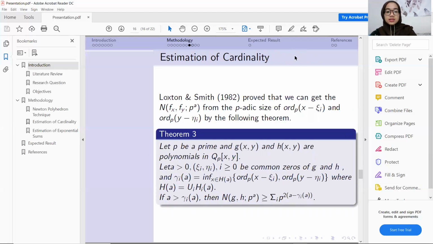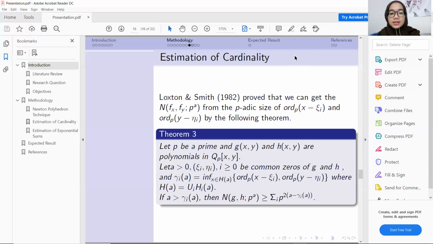The second method is estimation of cardinality. In estimation of cardinality, we have two theorems, theorem 3 and theorem 4.